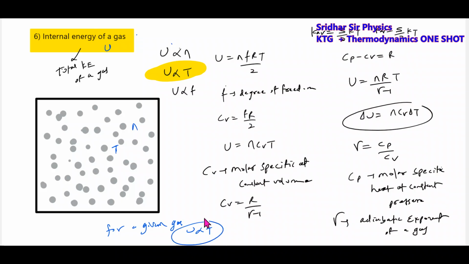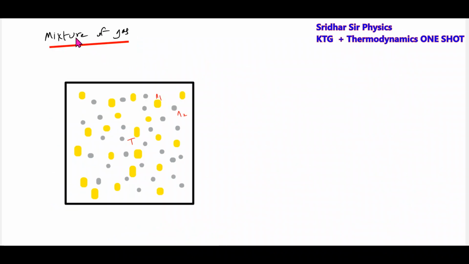Okay, next we'll discuss the mixture of gases. This will be one more important idea which we'll be using here. So let's assume that it contains hydrogen, also helium, and nitrogen, anything.